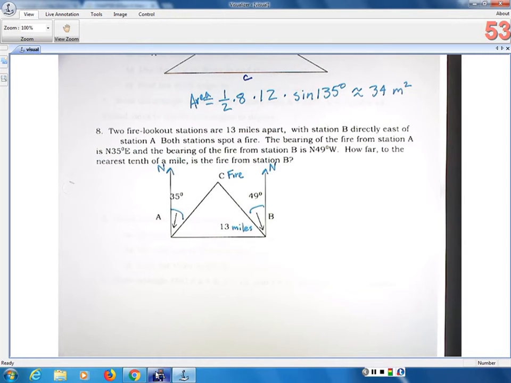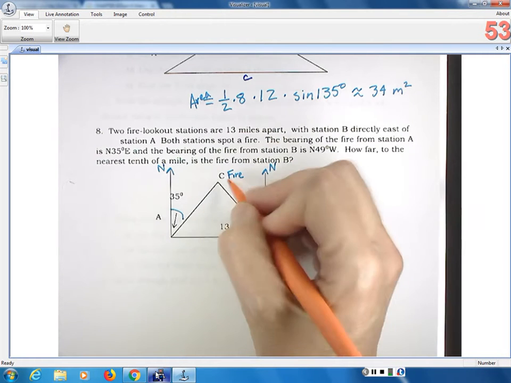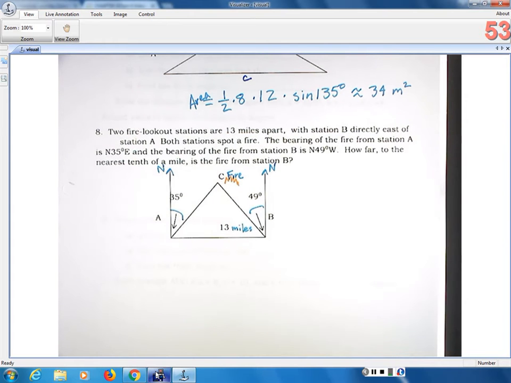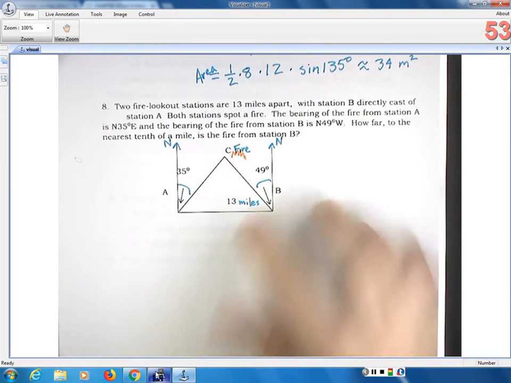Okay, there's our fire. So we can find this angle.